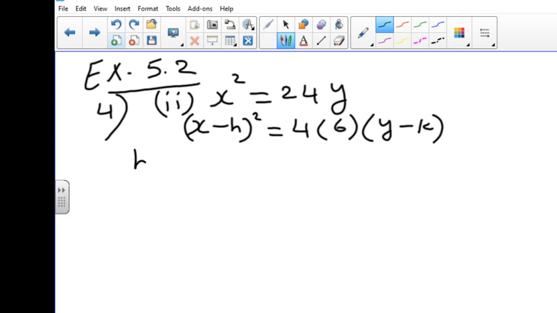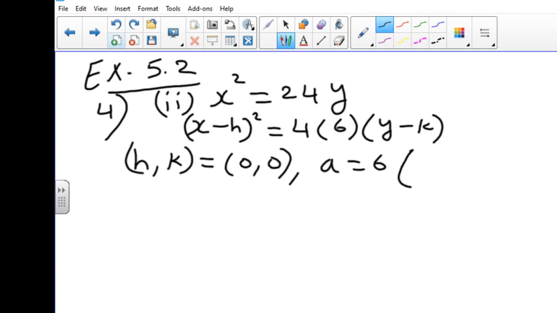Comparing with the form x minus h the whole square is equal to 4a into y minus k, we get h comma k is equal to 0 comma 0 and a is equal to 6. Here it is asked to find the vertex.